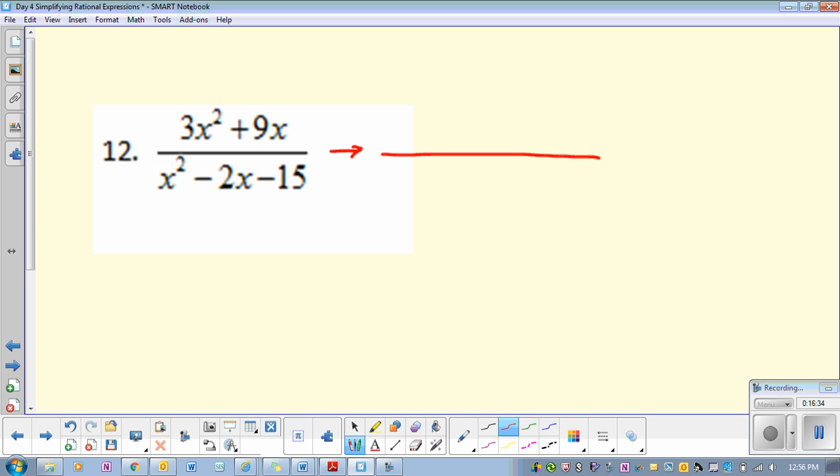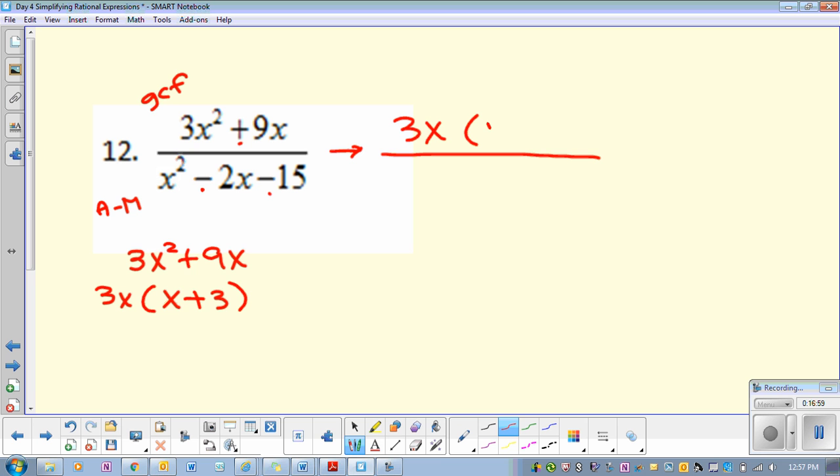Because right now, they're connected by plus, minus. You can't break down anything just like this. So factor, this guy is GCF, and this guy is your AM, your trinomial, right? So 3x squared plus 9x, your GCF is 3x. Now we've got to do the AM table.